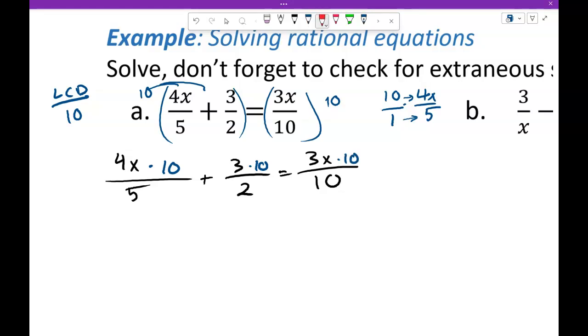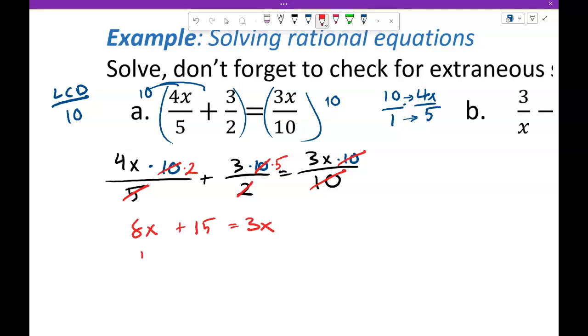Now within each numerator, we can actually simplify that factor by the denominator. 10 divided by 5 leaves us with 2, and then we can simplify the numerator as 8x. 10 divided by 2 equals 5. We can simplify by multiplying 3 and 5. 10 will reduce with 10 to completely eliminate, leaving us with 3x.